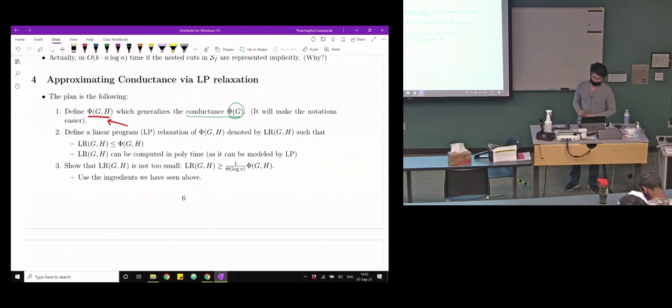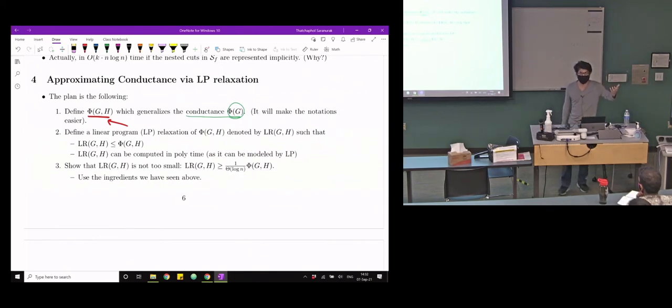Why do I do this? Because it will make some notation a bit simpler. And why not? We can solve a stronger problem. Next, this is a very basic framework of approximation algorithms. You want to approximate something. How do you do that?